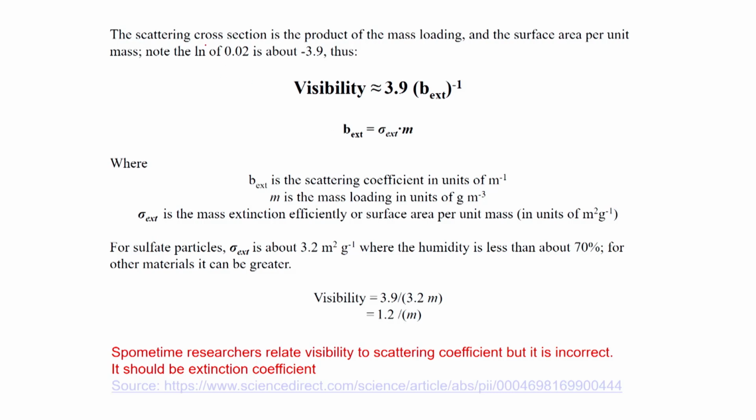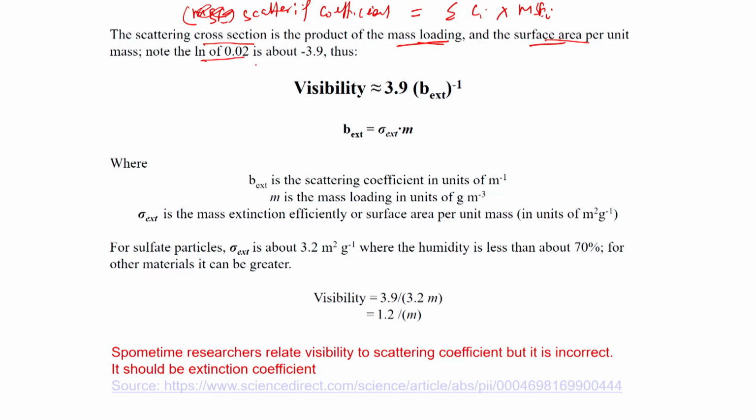As we discussed, the scattering coefficient is the product of the mass loading and the surface area per unit mass, which is called mass scattering efficiency. So, you have the sum of the concentrations times the mass scattering efficiencies, and you calculate.